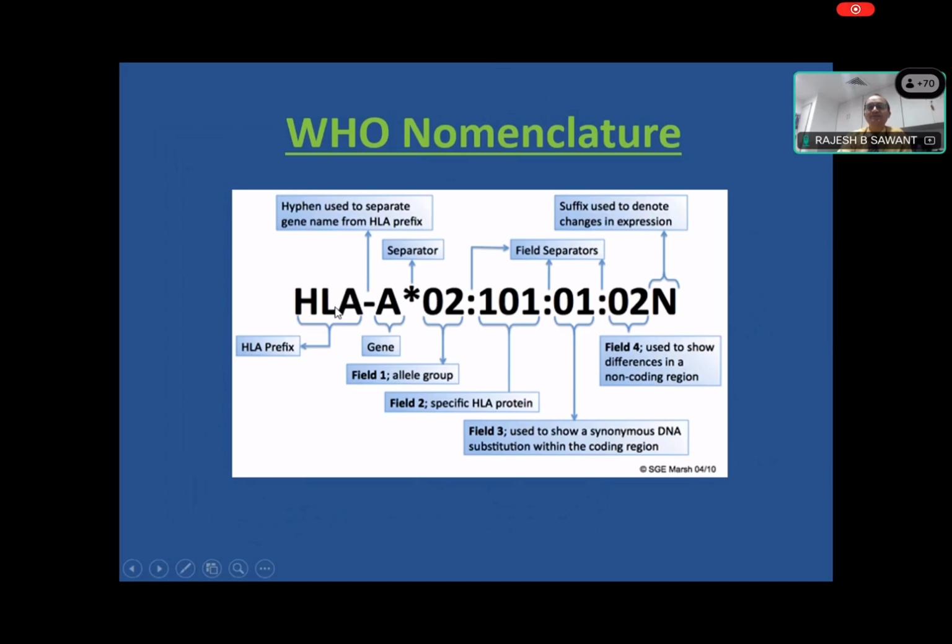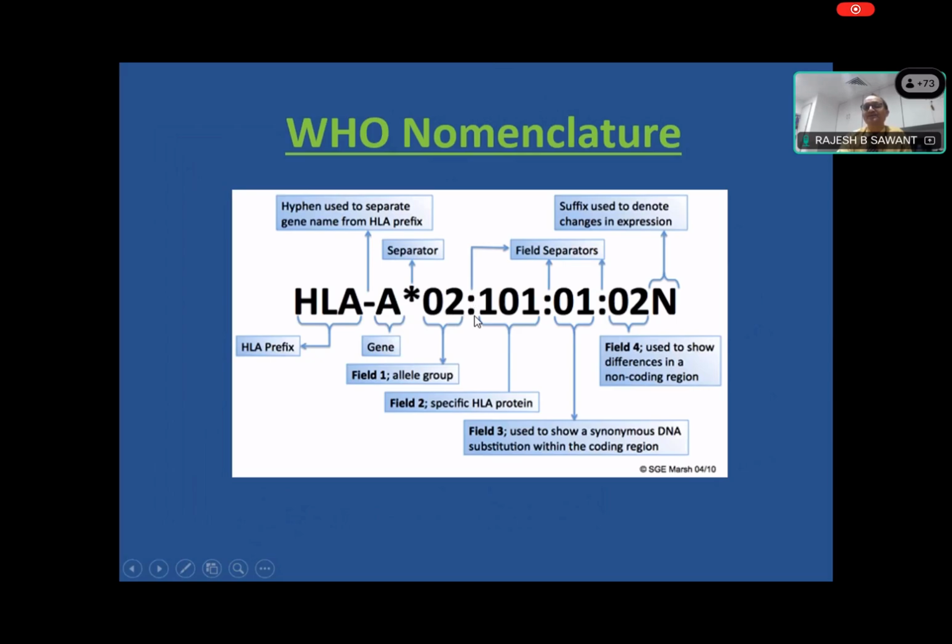So that is the prefix, which is followed by a hyphen, which is used to separate the gene name from the HLA prefix. And then you have the A or B or DR or whatever, that is the gene. After which you have an asterisk, which is known as a separator, which is followed by the first field. So here you have HLA-A*02.